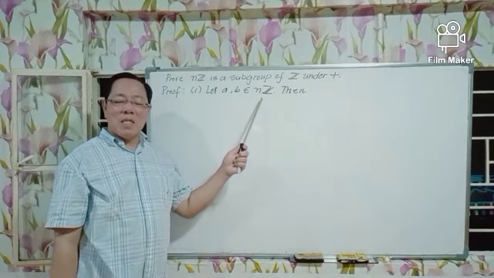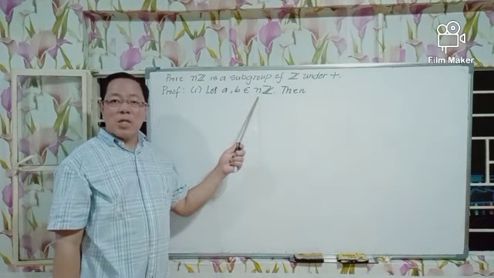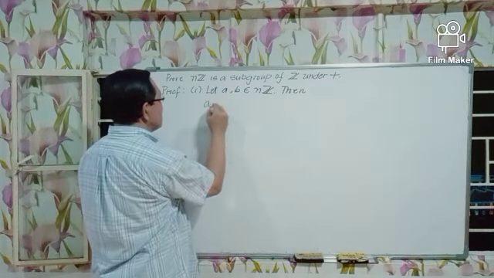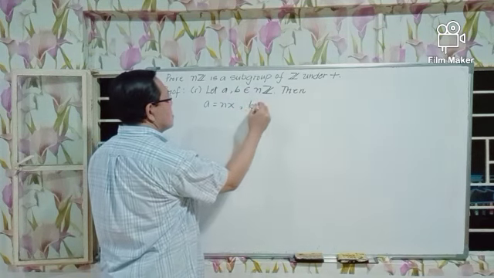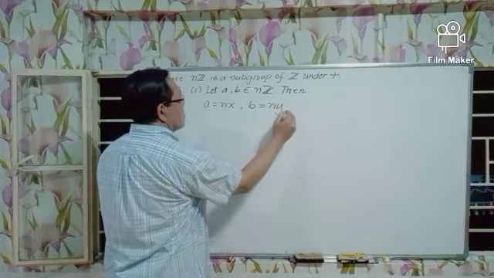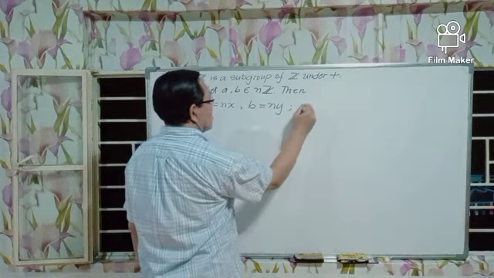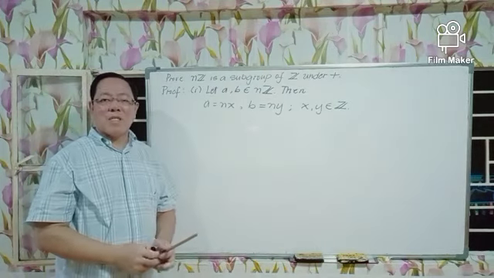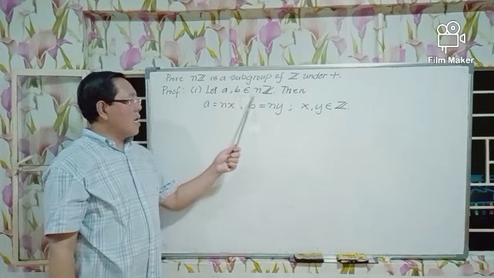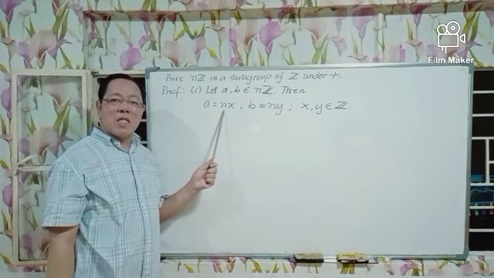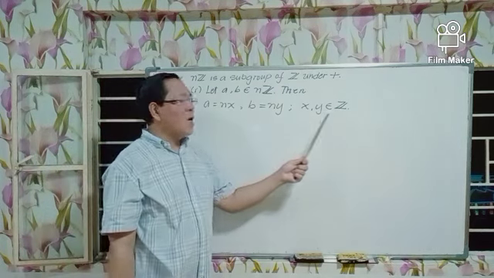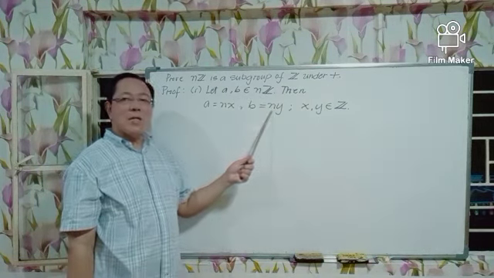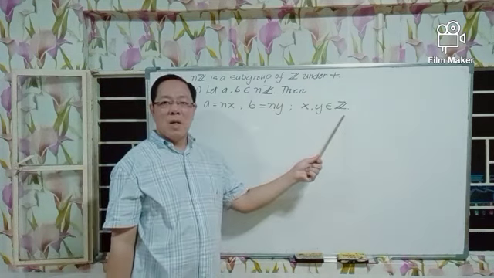That means every element of nZ can be written as a product of the integer n and an integer element of Z. Because the elements of the set nZ are multiples of n, if a is an element of nZ, then a can be written as the product of the integer n and an integer x, element of Z. Similarly, because b is an element of nZ, b can be written as a product of the integer n and an integer y, element of Z.